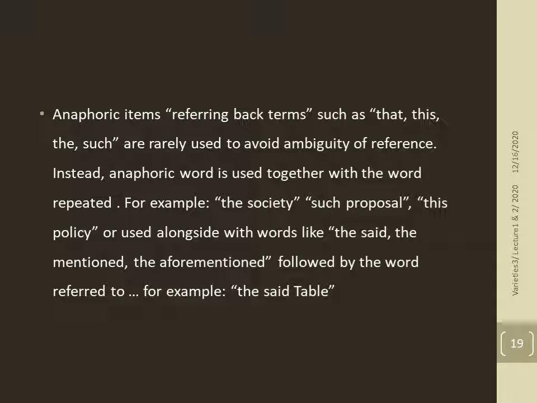For example, the said table, the aforementioned document, or the aforementioned proposal. Okay, so this is actually quite common and really recurrent, used to avoid ambiguity of reference and also to avoid confusion. This is why most legal writers would always bank heavily on these anaphoric terms.